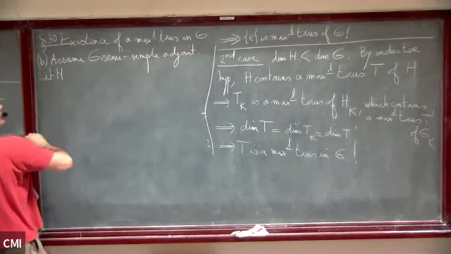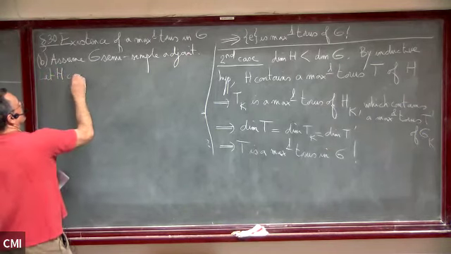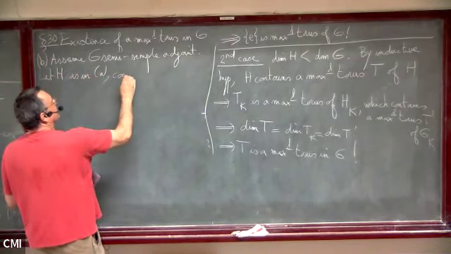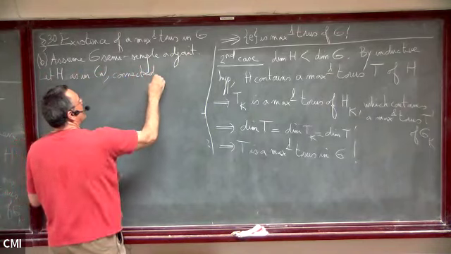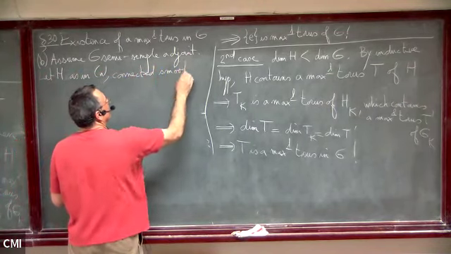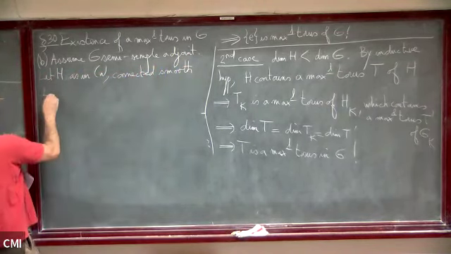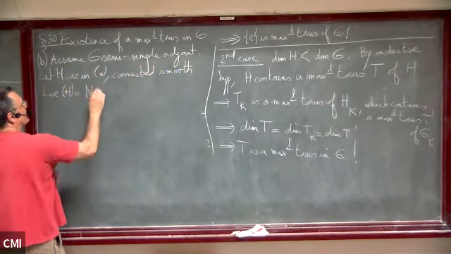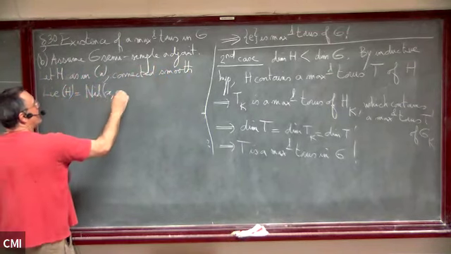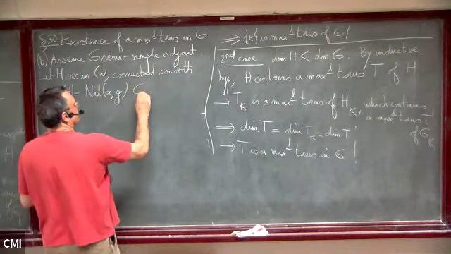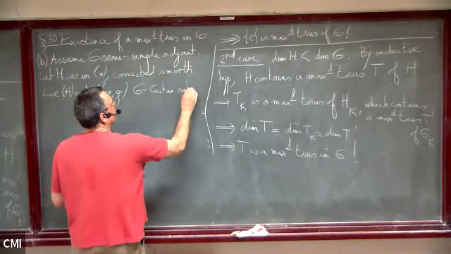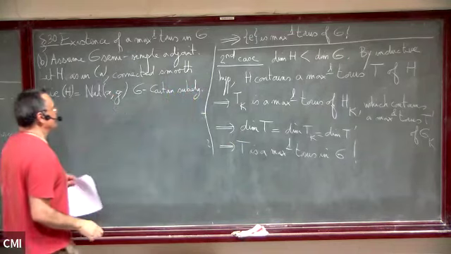Let H appear as in A, that is connected smooth and the Lie algebra is a G Cartan algebra.